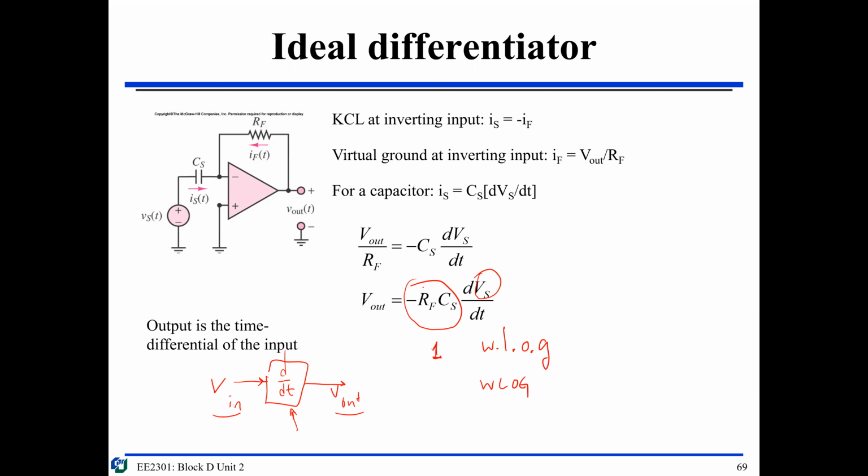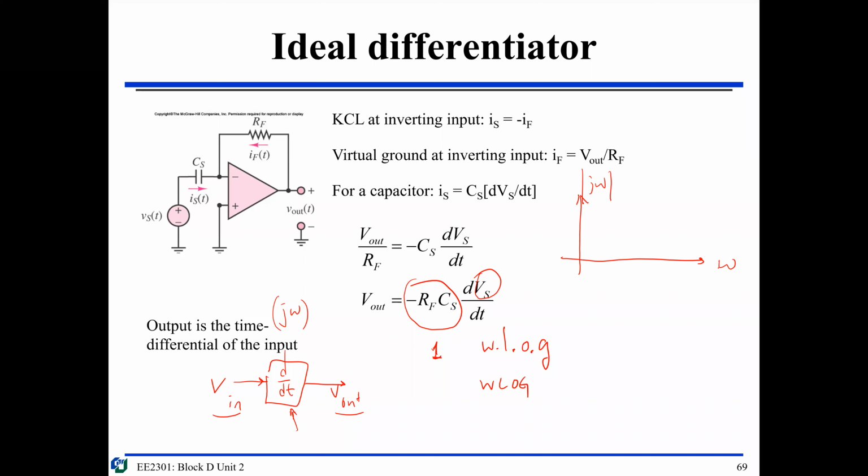So I'm curious, given this differentiation, what is the frequency response? It's j omega. In other words, if I want to draw the magnitude, this is j omega magnitude, and this is my omega.